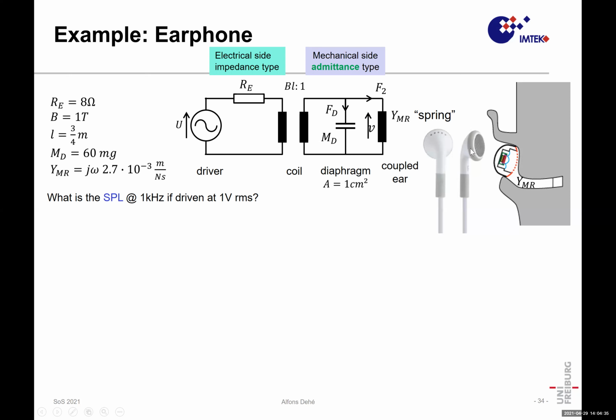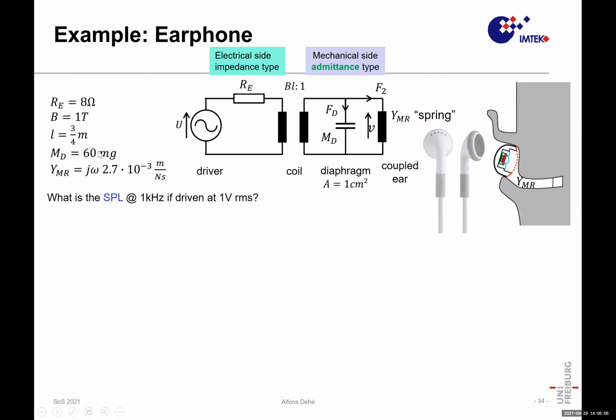So we see here the accelerated mass of the diaphragm sees the spring of the air volume in the ear channel. This is a cross section of an ear, for example. And this eventually is a very simple description of an earphone.